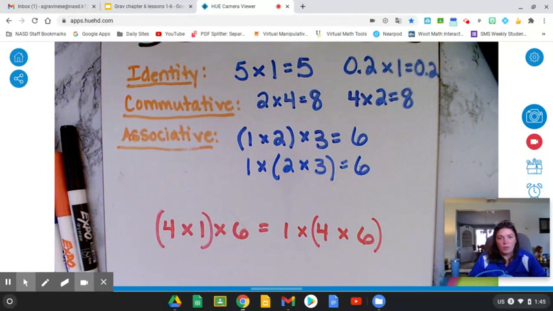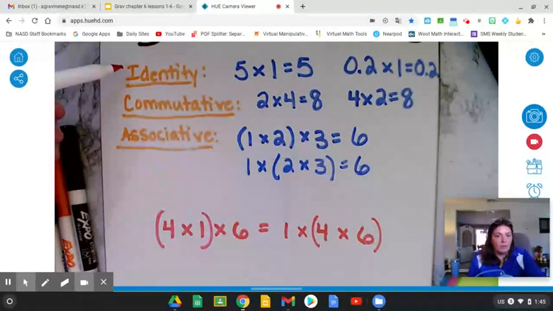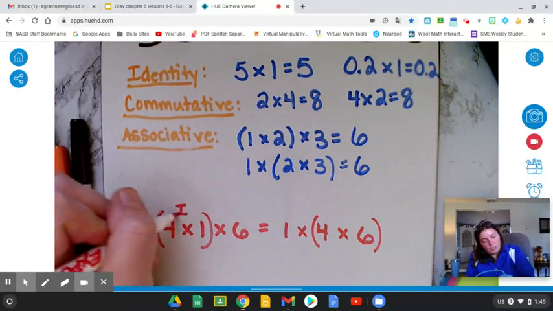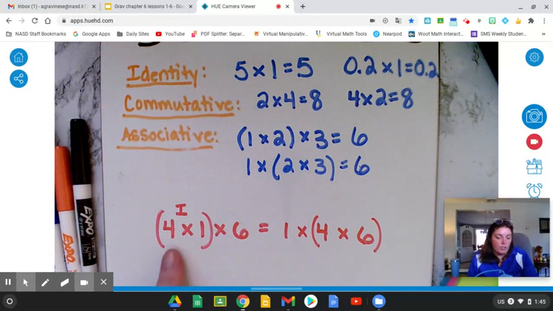Okay, so trick question. I used all 3 properties here. What? Yes, I did. You can see the identity property is showing up because I have a number multiplied by 1. So that's the identity property. 4 times 1 is going to give me 4.